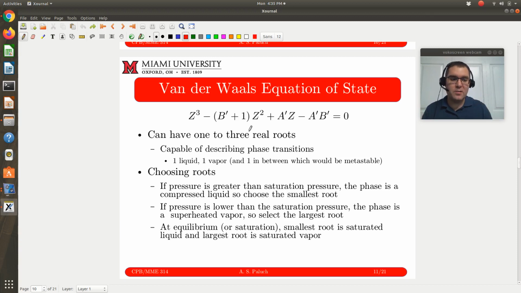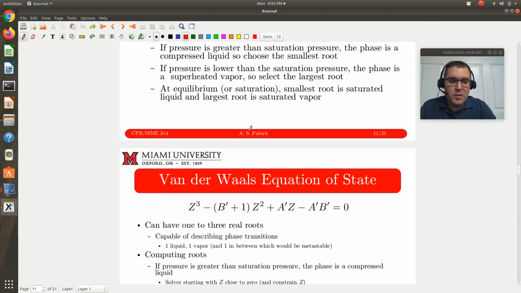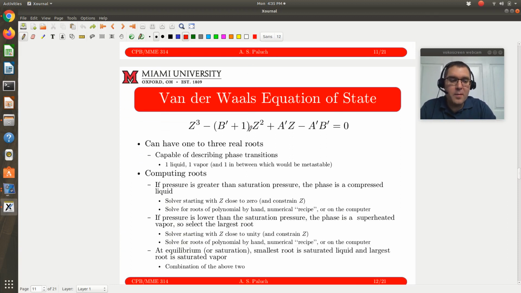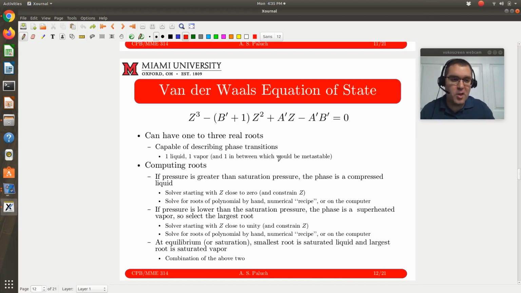If you're at coexistence, then you've got your liquid and vapor. Life is good. Otherwise, you need to know what region you're in to determine which root you keep. But it's cubic, so you can simultaneously model both your liquid and vapor, so you can get both at once.